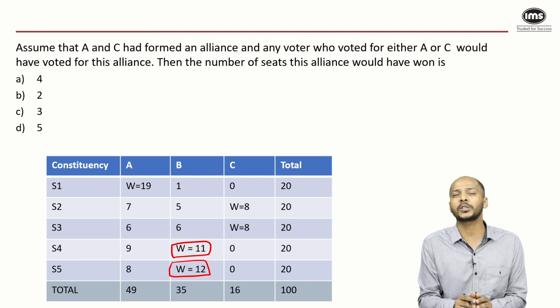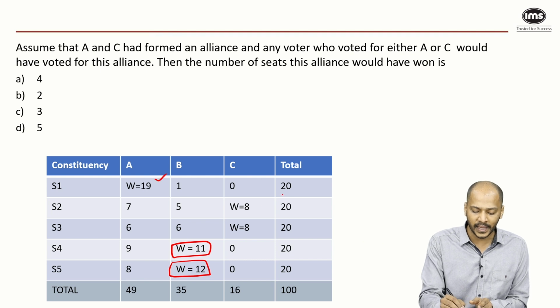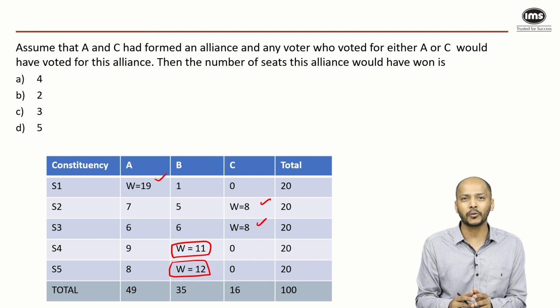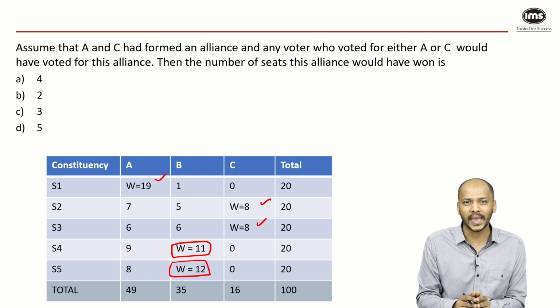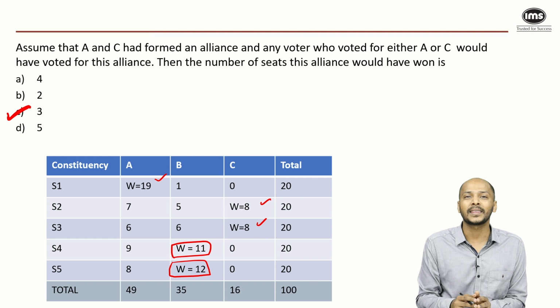So these 2 constituencies would remain with B only, and the other 3 were as it is won by A and C only. So even if I were to make an alliance of A and C, the number of seats with A and C would be S1, S2, S3, that is these 3 seats only. Hence, the answer to this question is option C, that is 3.